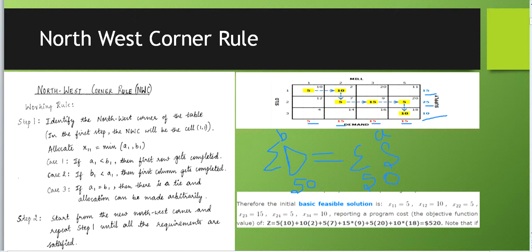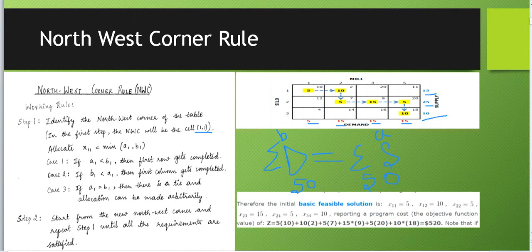Now coming to the procedure. Once I check and get to know that the given problem is a balanced one, I have to start with the very initial cell, that is cell 1 1. You can see in the working rule, for this cell, I have to allocate the minimum of supply and demand.